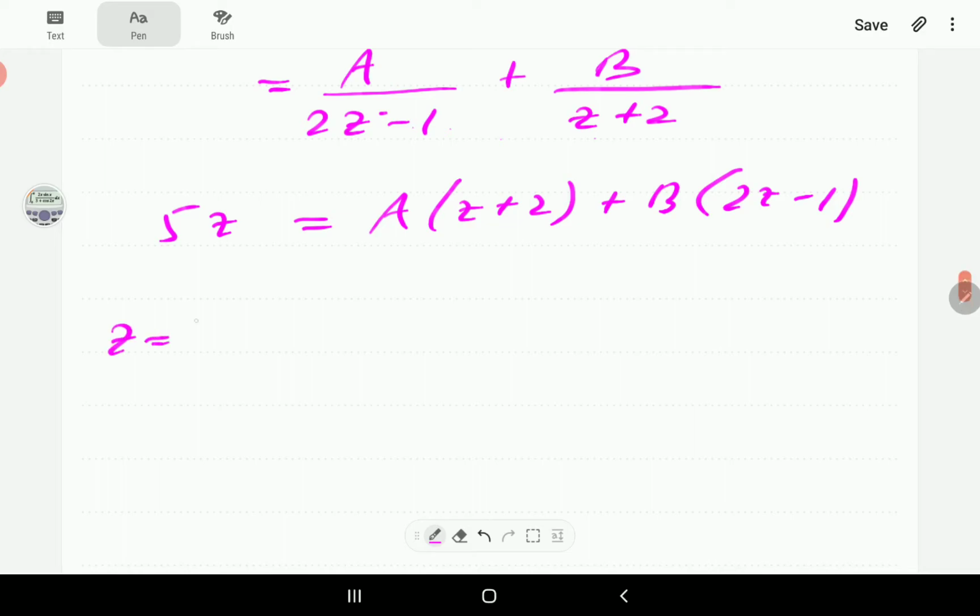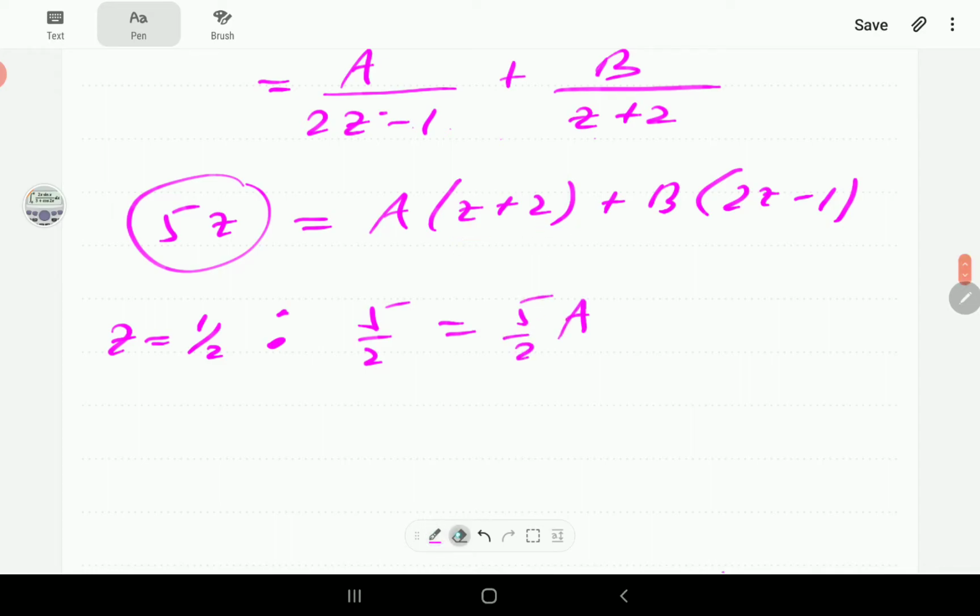When z is 1/2, this side is going to be 5/2, which is 2.5, and this term is going to vanish. So that tells us that a is going to be 1. The other root is z equals -2, which is going to be the singularity of the function. So roots of the denominator are singularities of f of z.